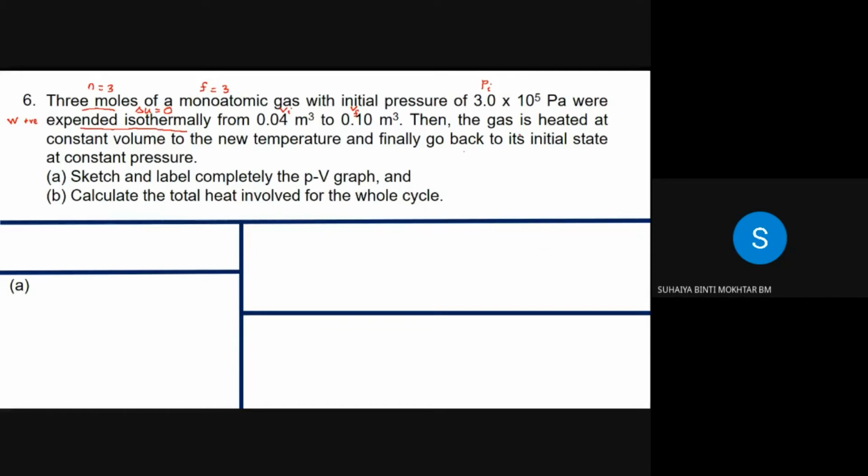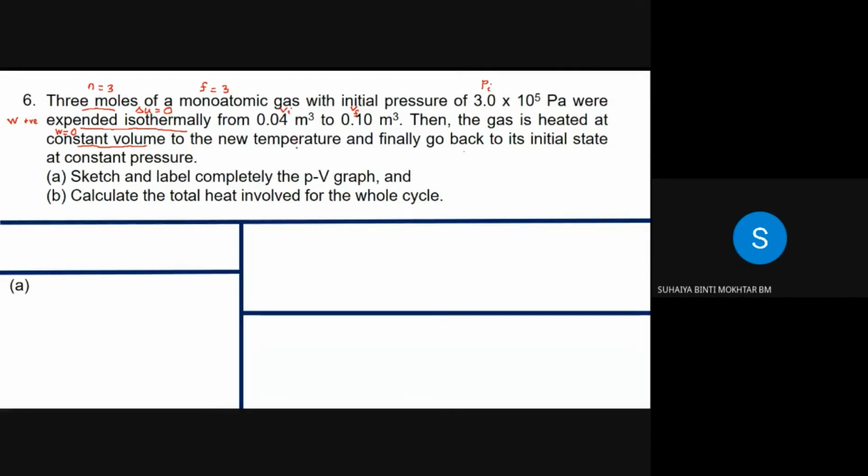Then the gas is heated at constant volume. Constant volume, so isochoric. Isochoric is a constant volume. Isochoric, so it means that work done here equals to 0, right? Constant volume, to a new temperature.